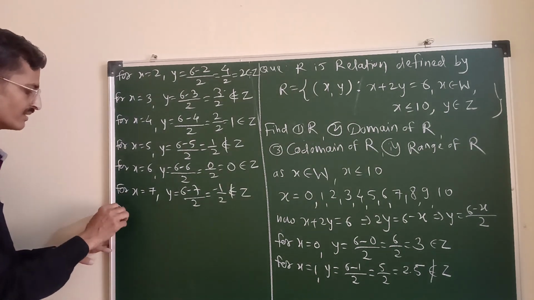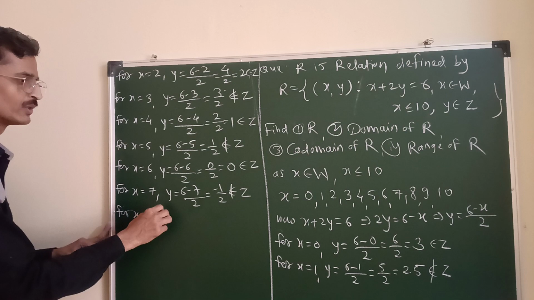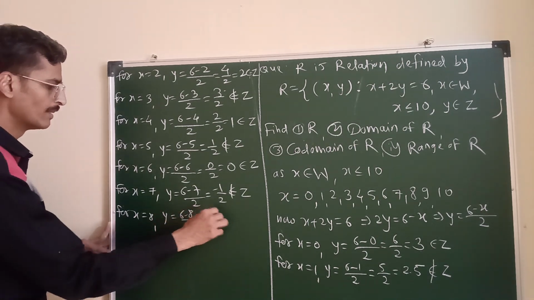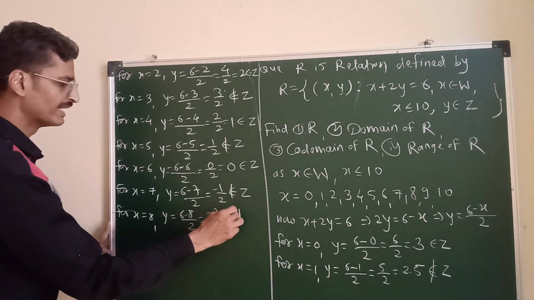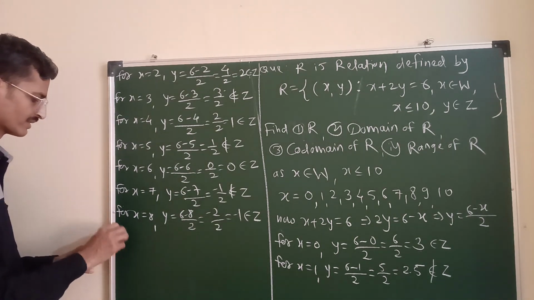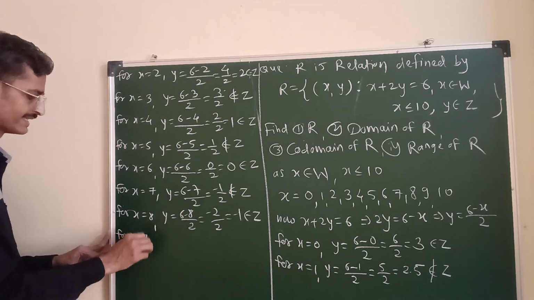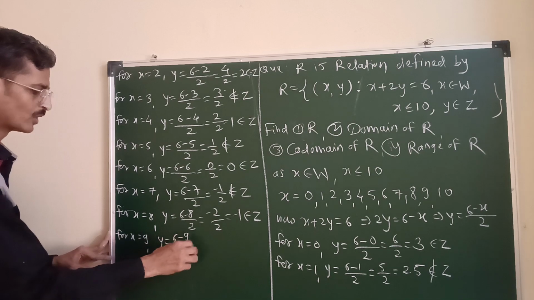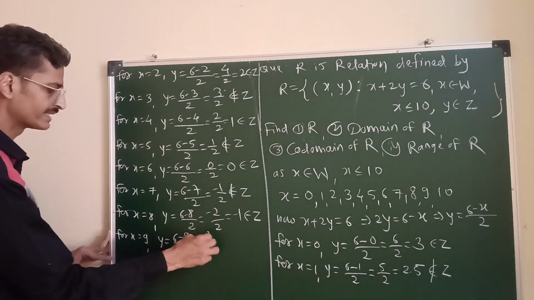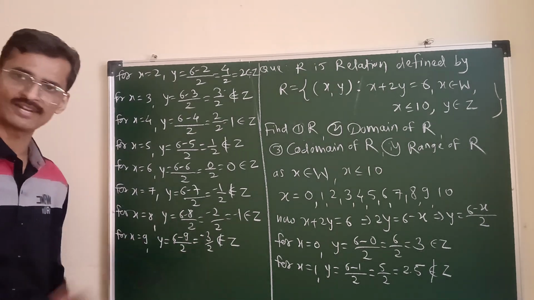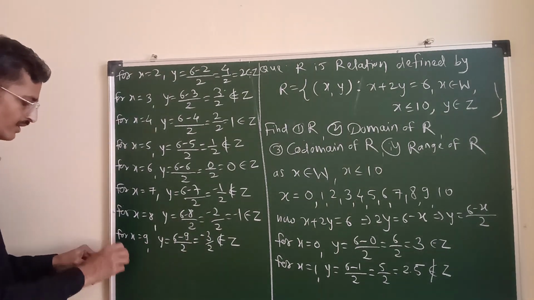Next, for x = 8, y is (6 - 8)/2, that is -2/2, that is -1, which belongs to the integers. Next, for x = 9, y is (6 - 9)/2, this is -3/2, which does not belong to the integers because that is fractional.